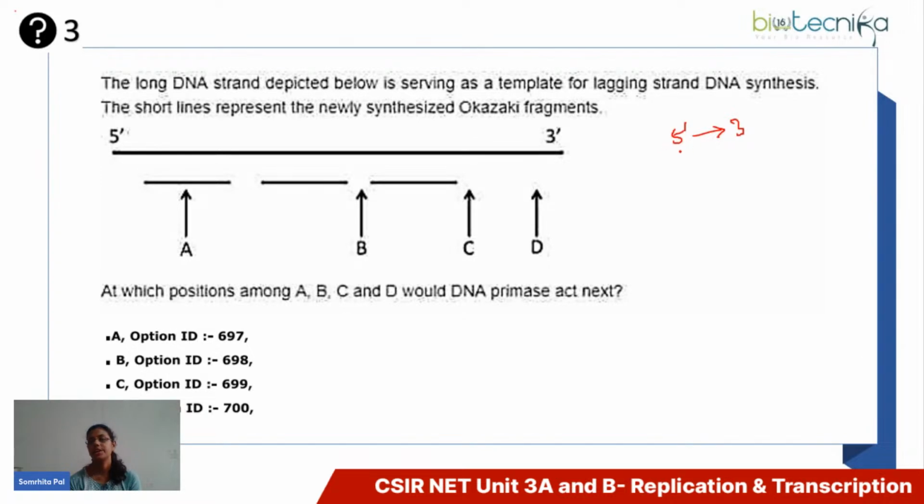This is the polarity of the synthesizing strand, the strand which is getting synthesized. So against that, the template strand will always be from 3 to 5. Think about it.